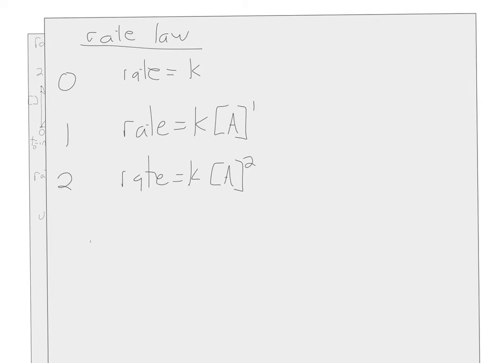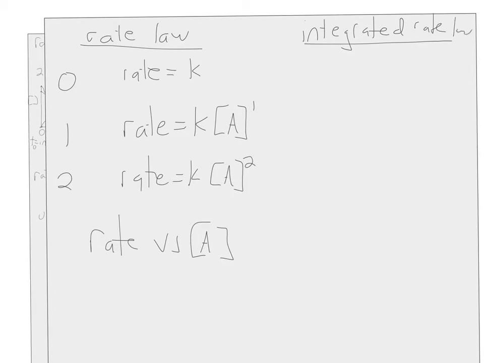This measures the data you would see for this: rate versus concentration. See how one changes, how does the other change? The integrated rate law, if you go through the calculus, has time put in.